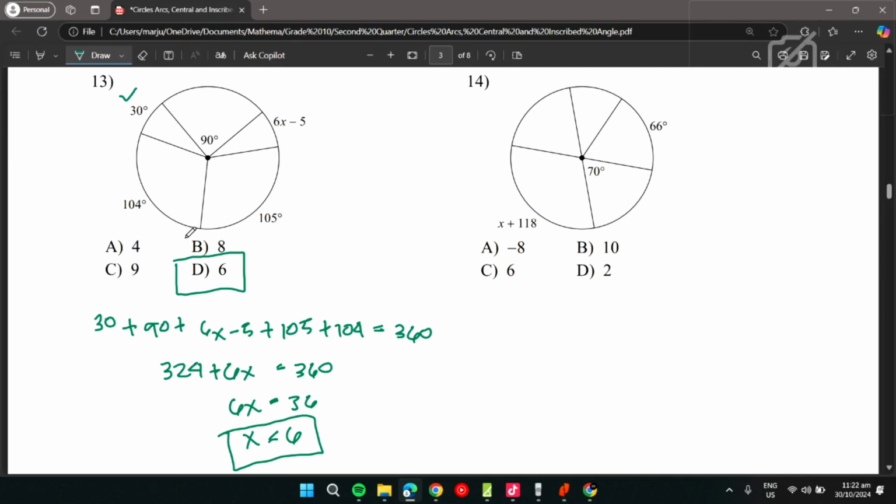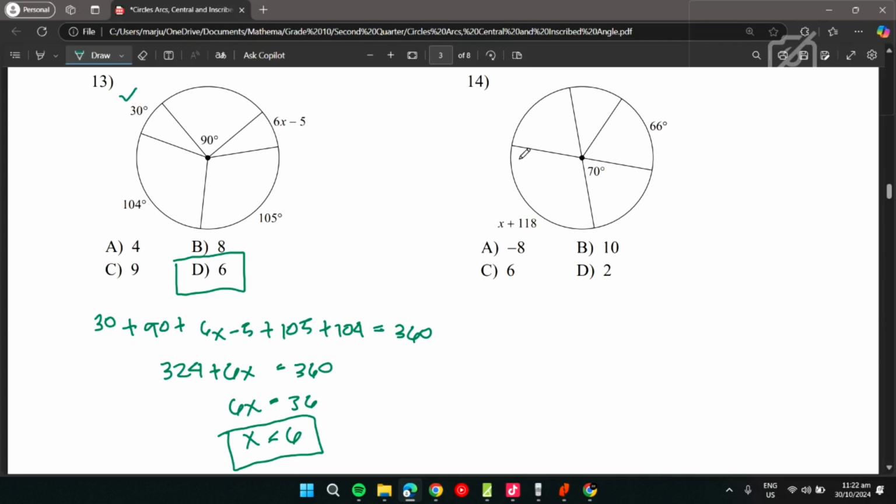Alright? Pero bakit natin nasabing 180? Anong concept? Bakit siya naging 180? Half of the circle. Very good. Vertical angle, 70 kasi. Vertical angle, 70.